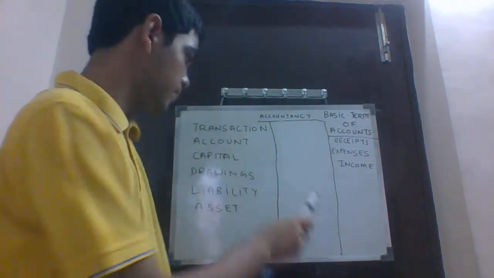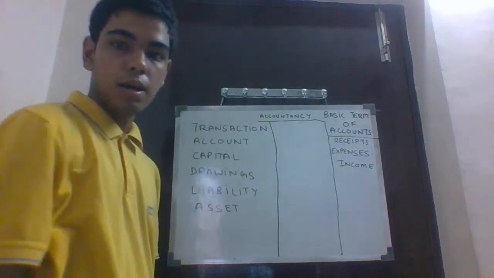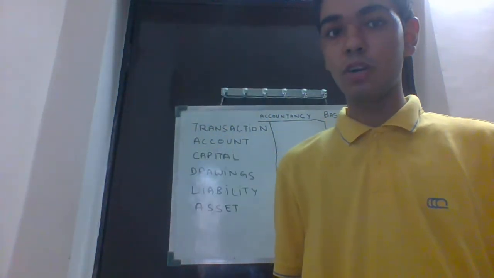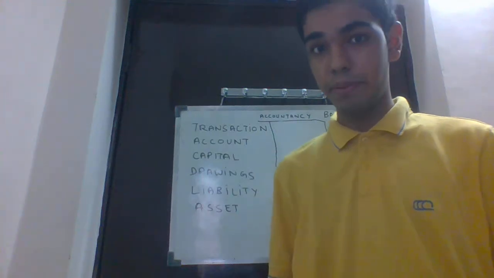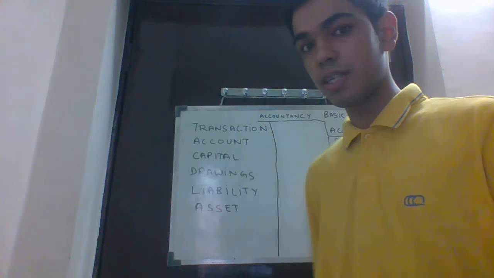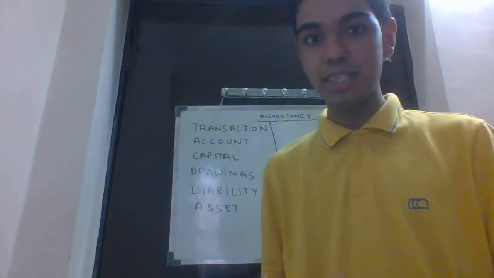What is an account? Account is a summarized record of transactions belonging to a particular place at a particular head. Now we have recorded various transactions in a chronological book of prime entry, that is journal.